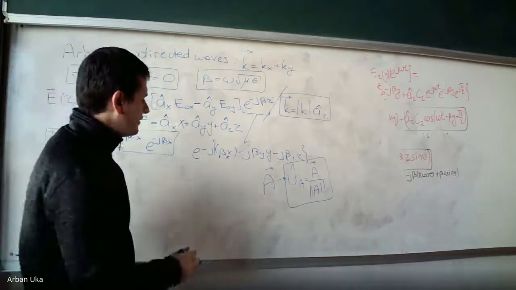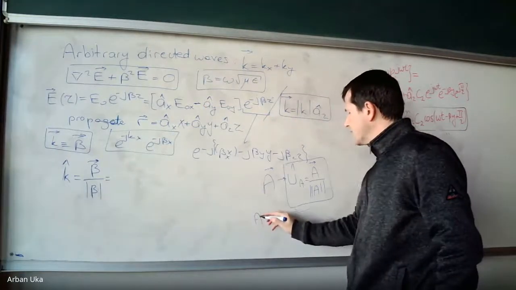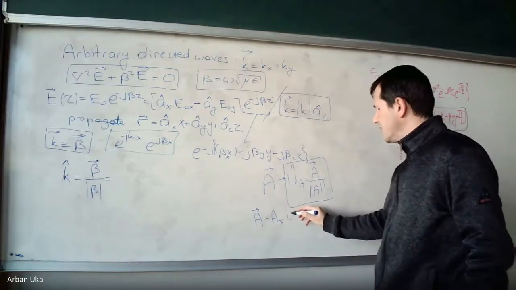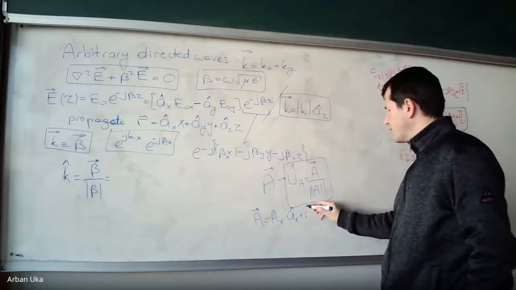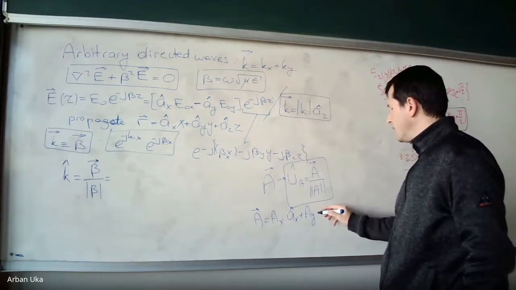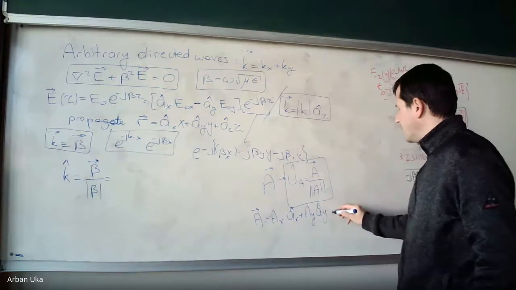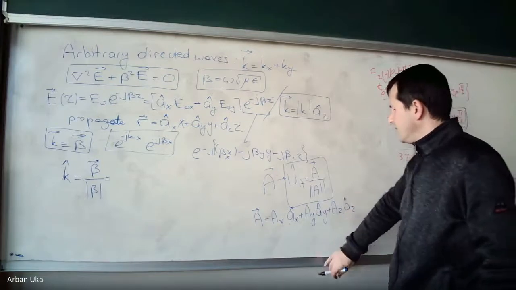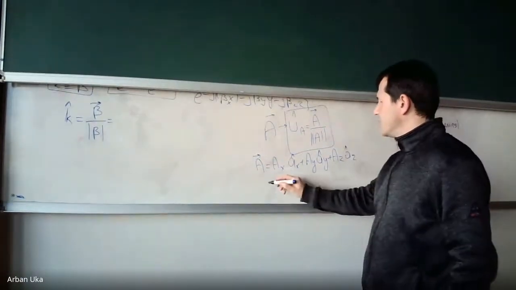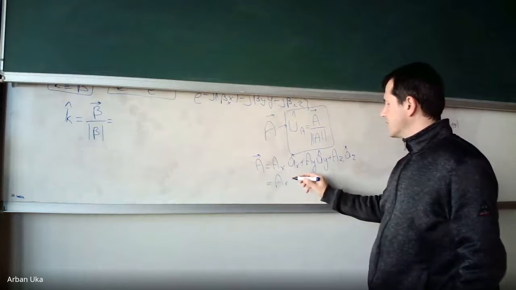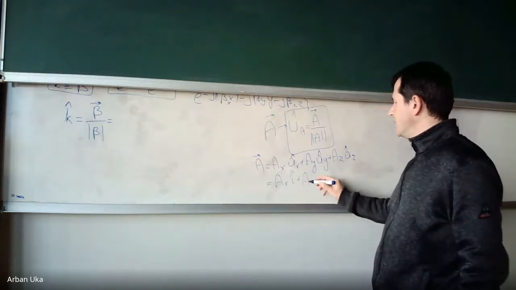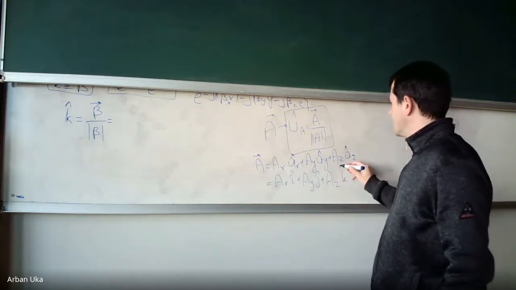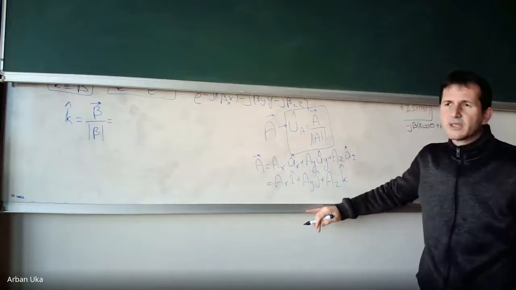For any vector A, we write that A itself is equal to the projection of A along ax times ax, plus the projection of A along ay times ay, plus the projection of A along az times az. Or sometimes, for the sake of notation, we can write Ax times i plus Ay times j plus Az times k, assuming that the unit vectors along x, y, z are i, j, k.